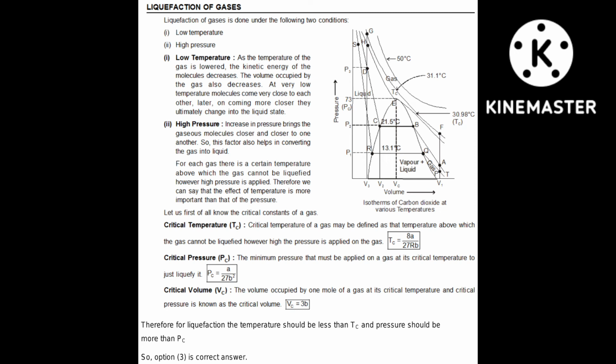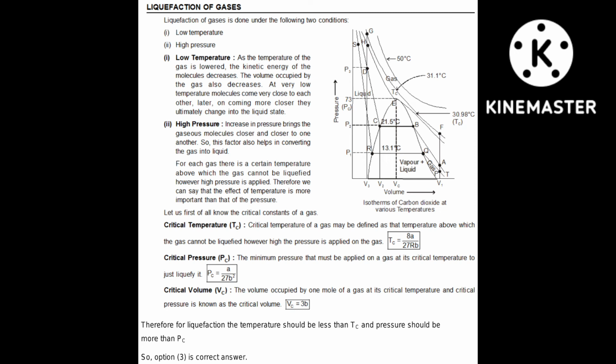But for this continuity I am talking about, that means one phase. This change, conversion of liquid to gas, gas to liquid, happens at 31.1 degree centigrade. Only at this temperature will only one phase be there.